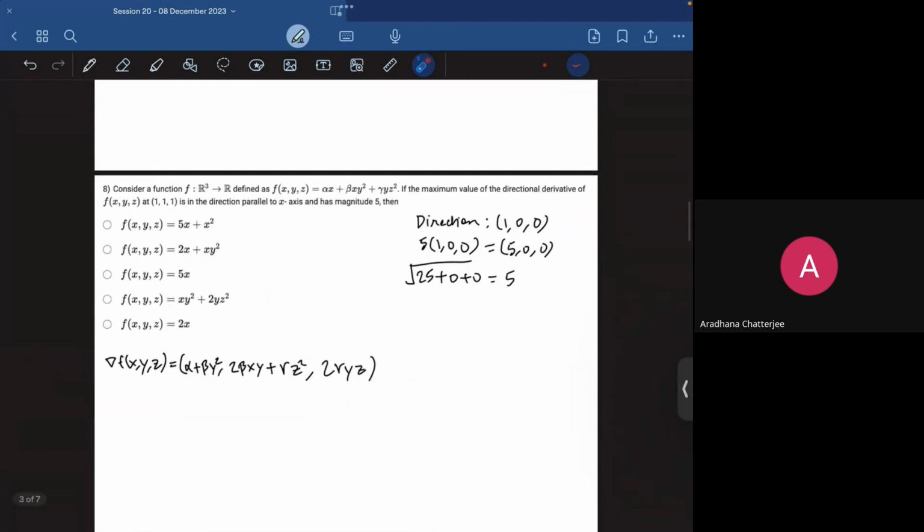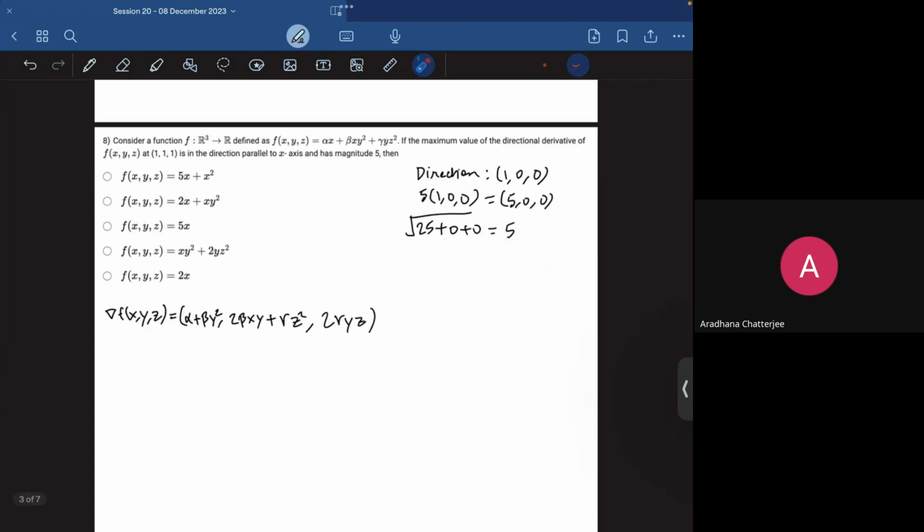We'll put in x, y, z equal to 1, 1, 1, and then we'll have the directional derivative, and we'll equate it to what we got here. So first we'll put in x, y, z equal to 1, 1, 1 in this gradient.